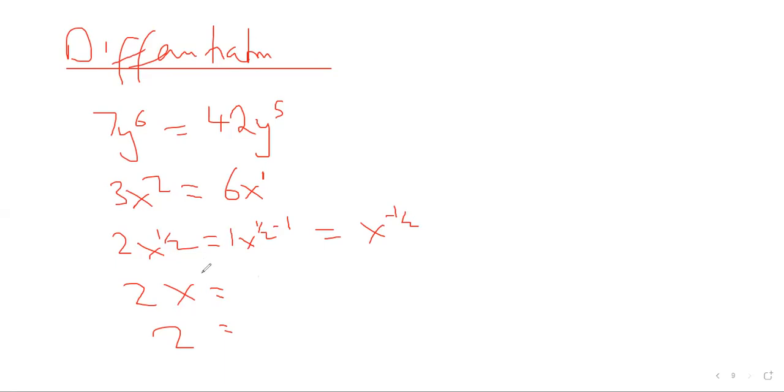2x has an invisible one there. So 2 times 1 is 2. Then x, we subtract 1 from the 1. So it is 2x to the power 0. Any number to the power 0 is 1. So this would be like 2 times 1, which is 2. So in essence, anything with a variable that has no power is that number itself. So 3x is 3. 4x is 4. 5x is 5.